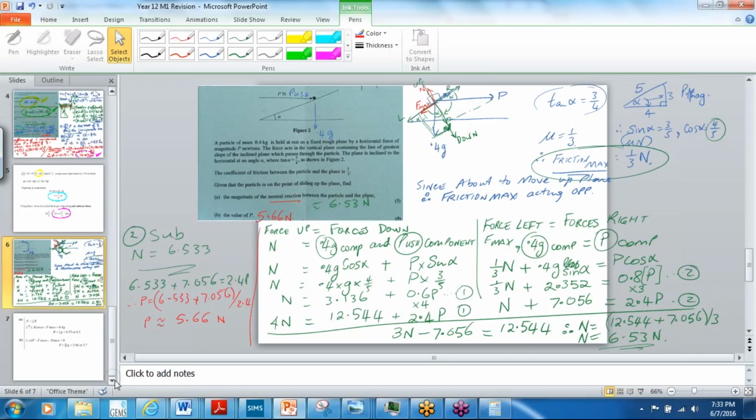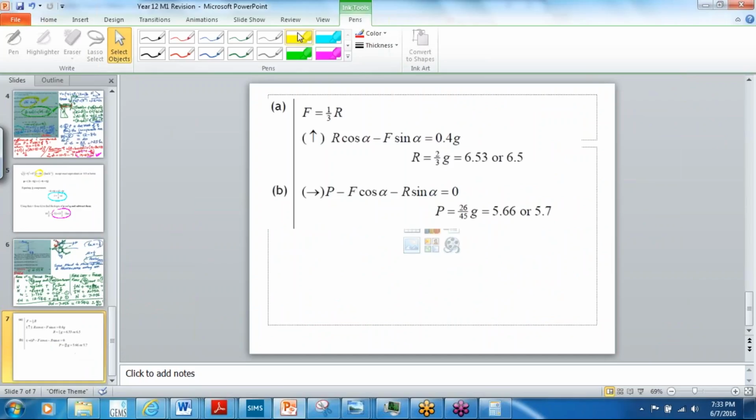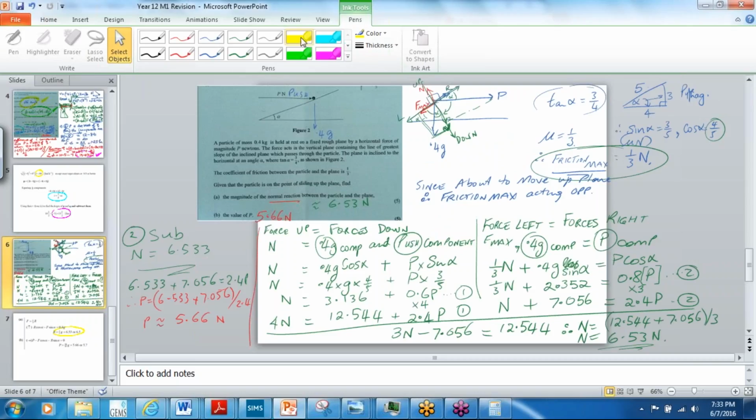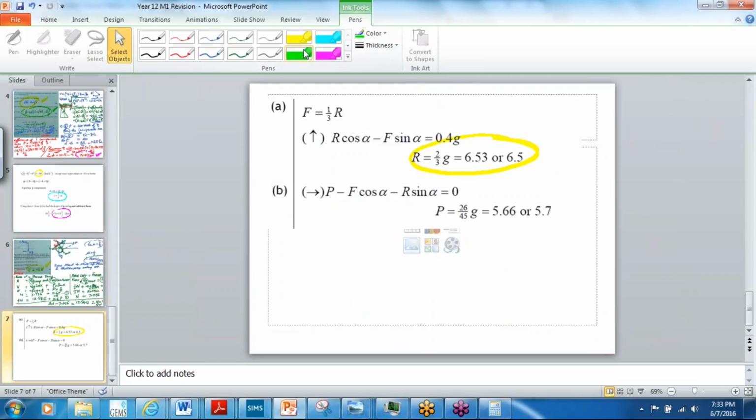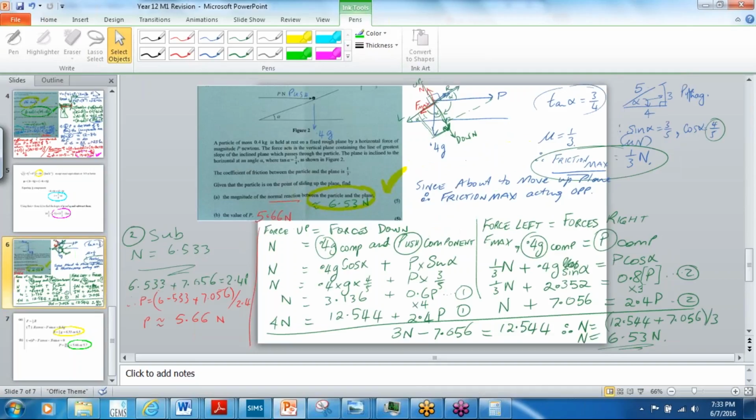All right, so let's have a look at what our solutions say. N is about 6.53 or 6.5, and we've said N is 6.53, so we'll tick that. And force P is 5.66 or 5.7, and we've said 5.66. Good. So there we have the three solutions to the three questions.